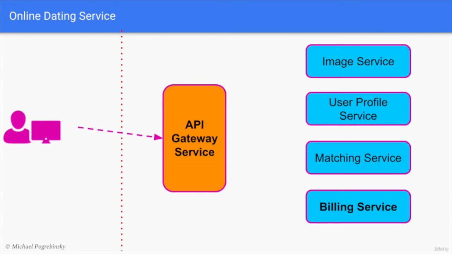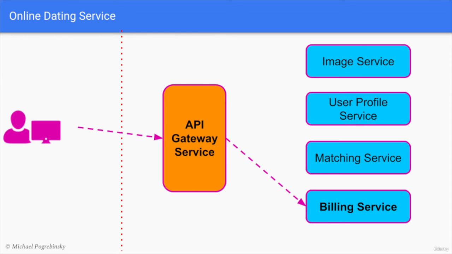So now, when the user wants to update their profile or see someone else's profile, they would simply be directed to the user profile service. If they want to upload images, they can be directed to the image service, and when they want to get suggestions for potential partners, they can contact the matching service, which would in turn talk to the user profile service to figure out which profiles would be a good fit for the current user.